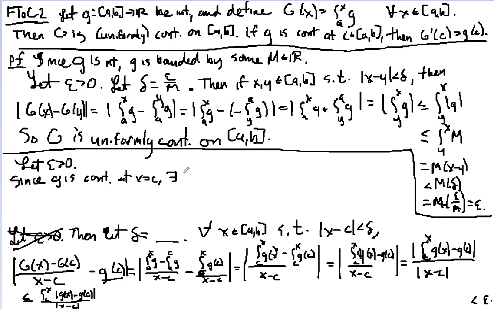There exists a delta such that absolute value of x minus c less than delta implies the absolute value of g of x minus g of c is going to be less than, let's make it less than epsilon.